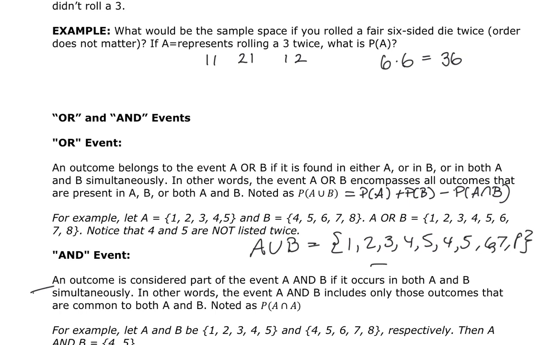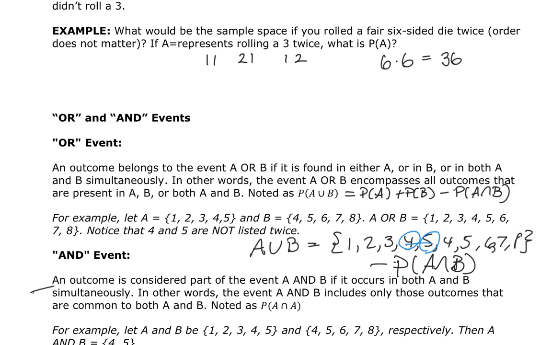Now, if I then pull off that intersection, and the intersection is a 4 and a 5, if I pull those two off, then I actually have a nice union where I don't have repeats. And so I have 1, 2, 3, 4, 5, 6, 7, 8. So the overlap was 4, 5. And notice I pulled off just the overlap, which meant I pulled off one of the sets that was repeated.